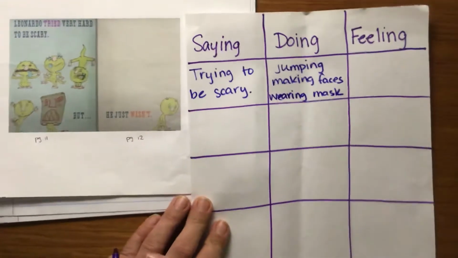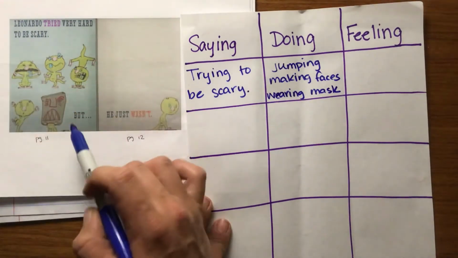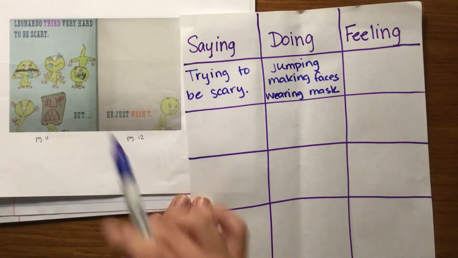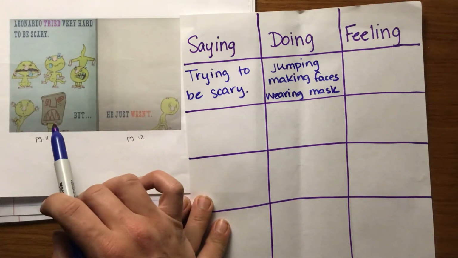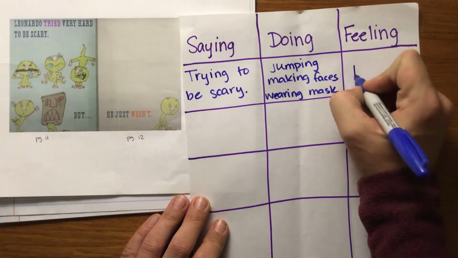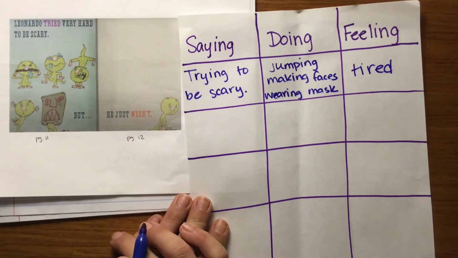All those things demonstrate that he's trying very hard. And we can see here, on this page, we'll come back to here. My apologies, guys. We can see here that he must be feeling very tired. That's a lot of effort to put in.